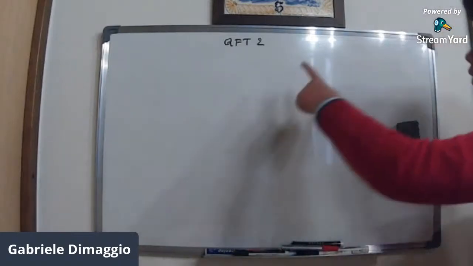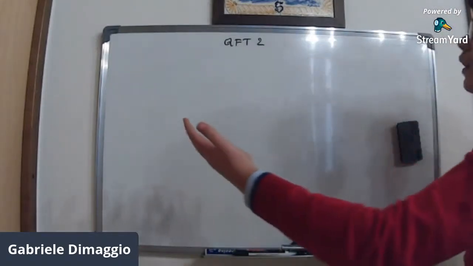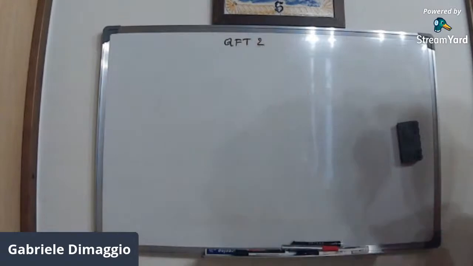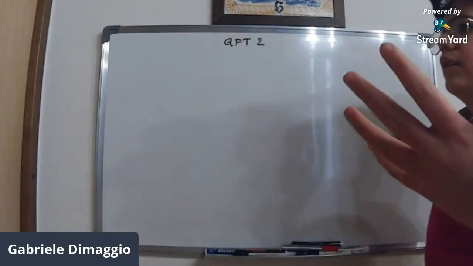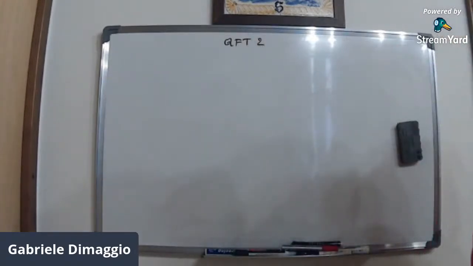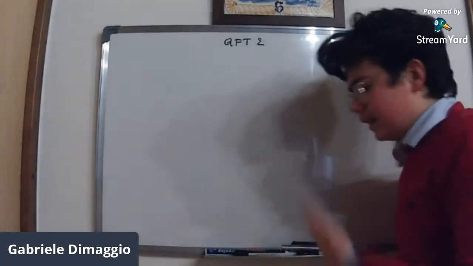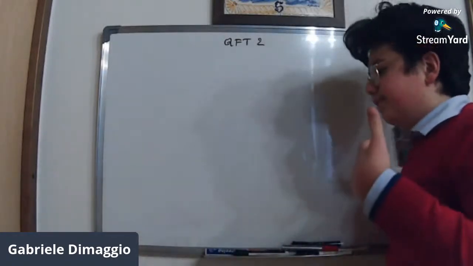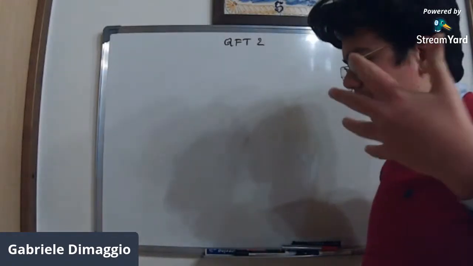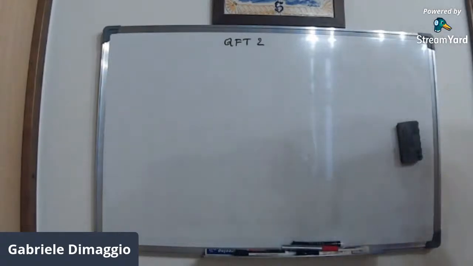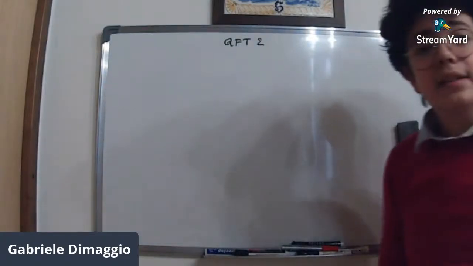In the next video, so in the next lesson, we'll talk about symplectic geometry, and so we are going to talk about what's a symplectic manifold, what's a Hamiltonian formulation, Poisson brackets, and so what's symplectic geometry? Symplectic geometry is a symplectic version of differential geometry.